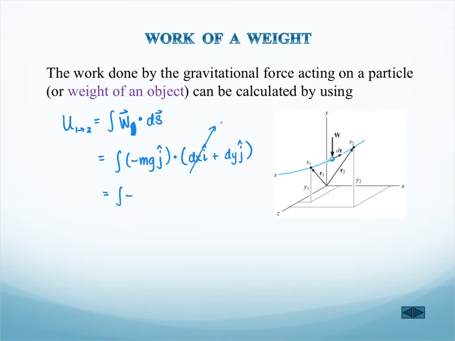So that any displacement in that direction, gravity didn't help at all. And what we're left with is just minus mg times dy, and then we would go from y1 to y2. And that would be the work done by gravity in going from point 1 to point 2.